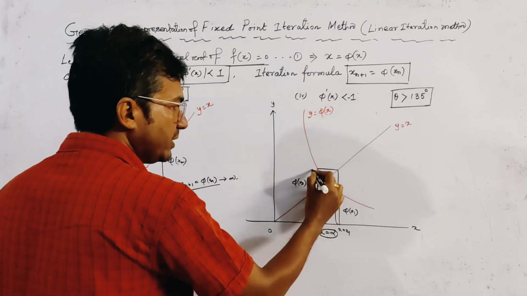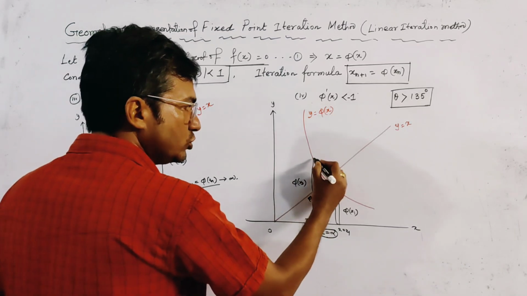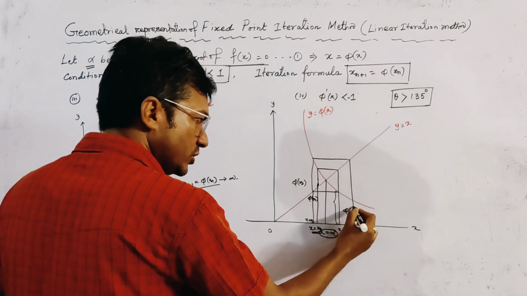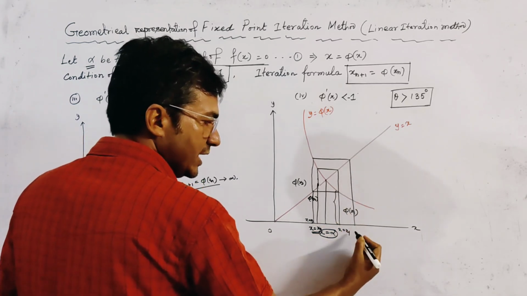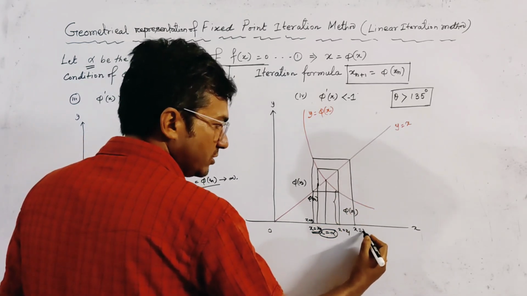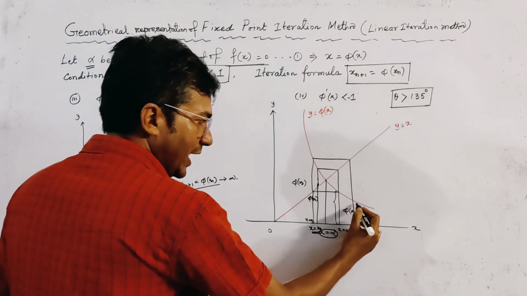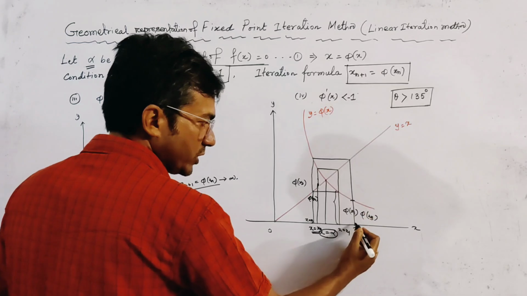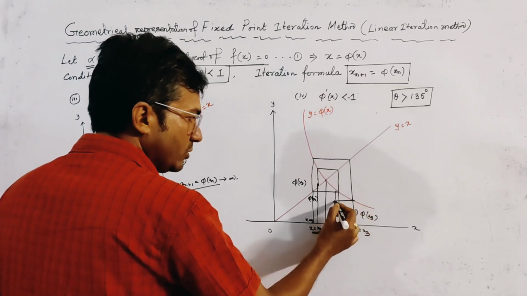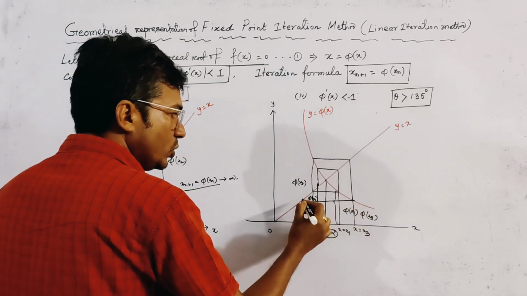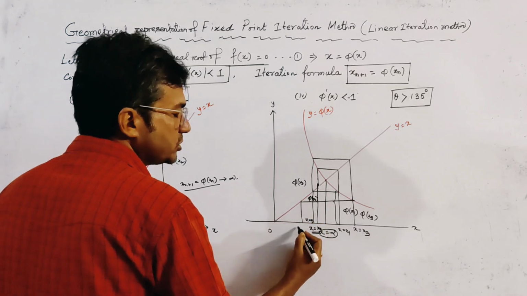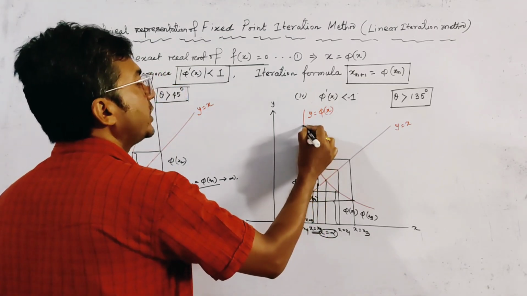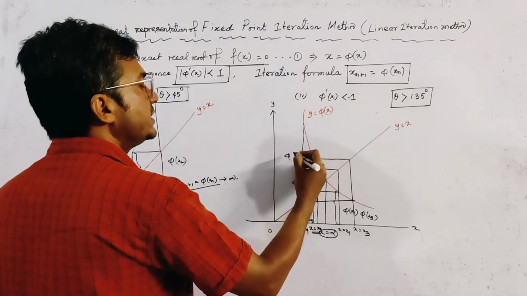And what is the value of phi of x2? Phi of x2 is given by this height, and again we draw a perpendicular on y equal to x, and then a perpendicular on the x-axis, and this point gives x equal to x3. Okay, and what is phi of x3? This height is phi of x3, and again we draw a perpendicular on this line, so we get the fourth approximation, x equal to x4, and getting phi of x4 here, the height increases.